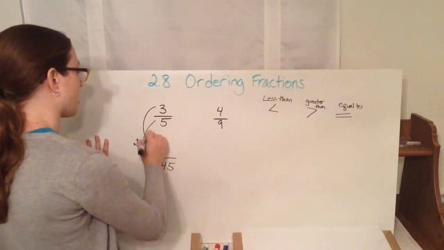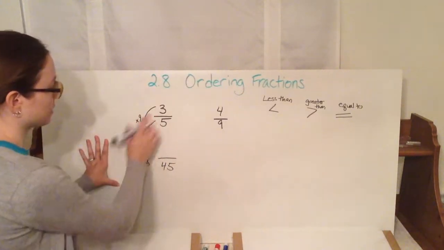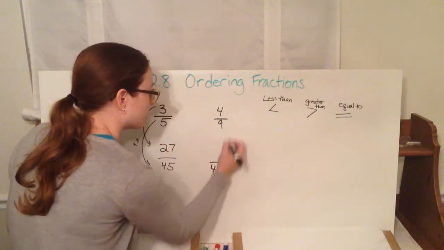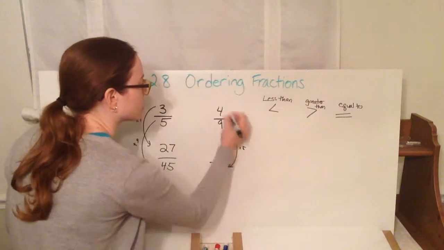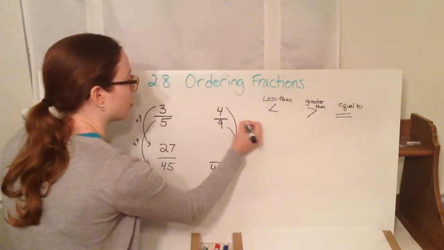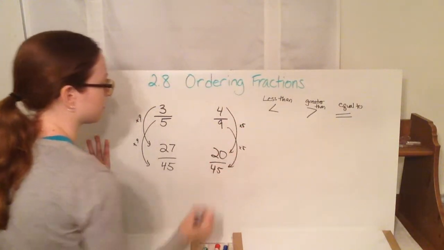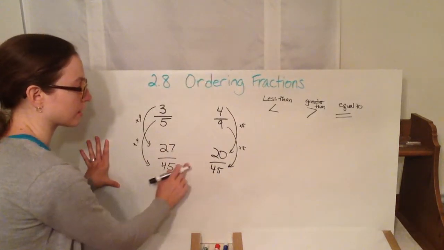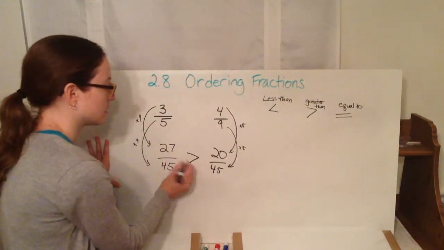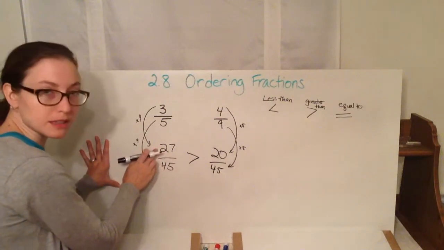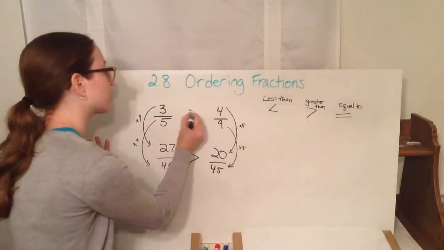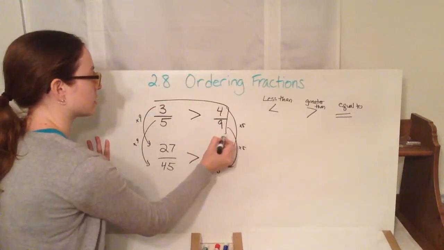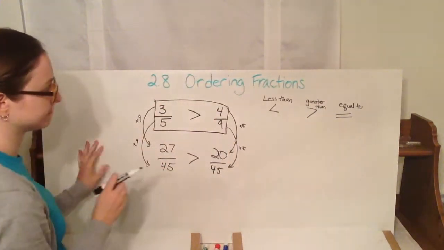Do the same with the top. 3 times 9 is 27. This one is 45 by multiplying by 5. Do the same thing with the top. 4 times 5 is 20. Which one's greater? The denominators are equal now. We're looking at the same size pieces. So there's more of the same size pieces here. Therefore, 3/5 is greater than 4/9 is our solution.